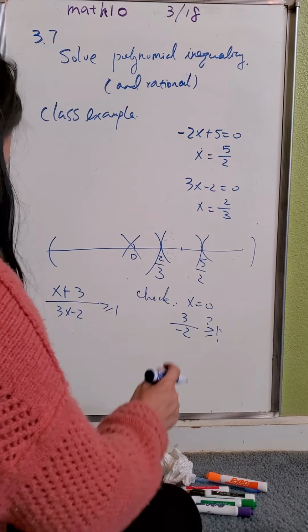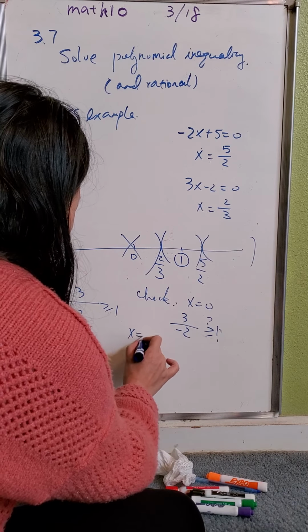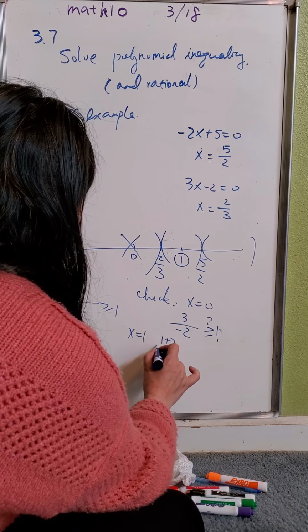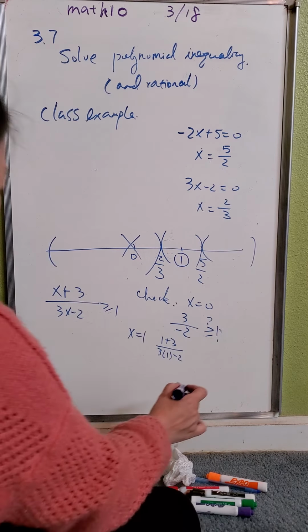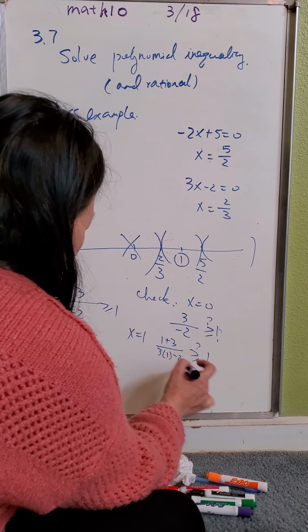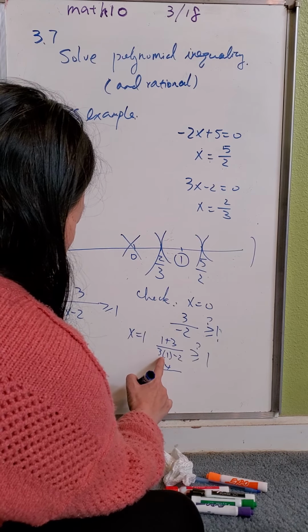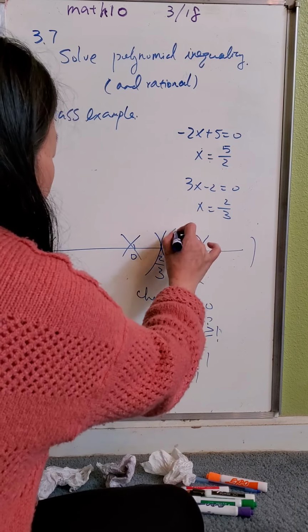So I'm going to pick 1. So I check x equal to 1. Okay, then I go 1 plus 3 over 3 times 1 minus 2. Let's see if that's greater than or equal to 1. This is 4 here. This is 3 minus 2 is equal to 1, which gives 2.